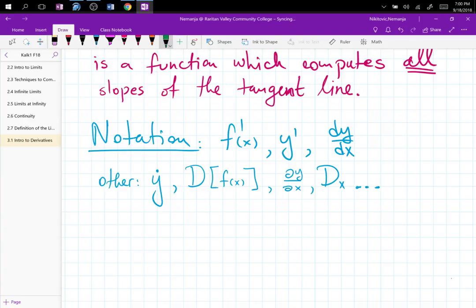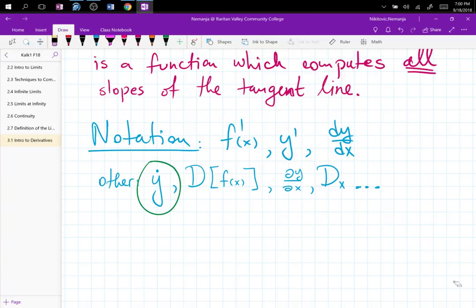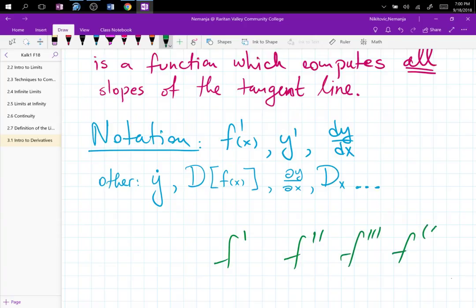My favorite, this one, is the Leibniz notation. These two are modified Newtons, to see how close that is. Instead of chasing the dots, you put f prime for the first derivative, f double prime, f triple prime, and then it switches into parenthesis notation. So this is the proper notation.